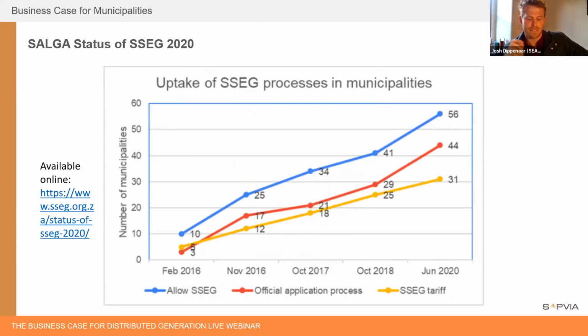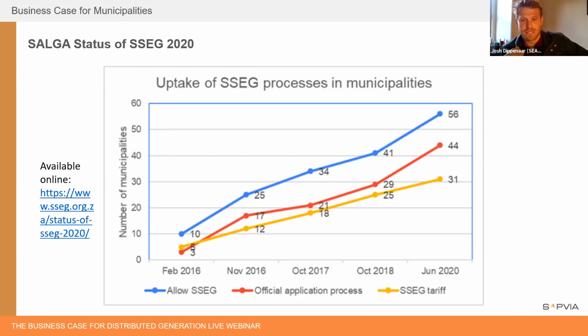So the blue line at the top is the number of municipalities that allow SSEG to connect to their grid. And it's increased up to 56 municipalities as of 2020 last year. So that's the majority of the economic activity. I mean, those 56 municipalities cover most major cities and towns.